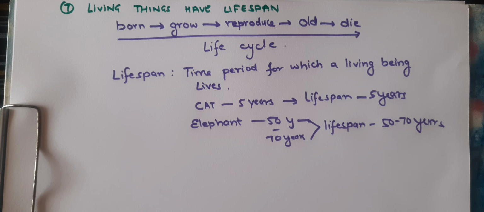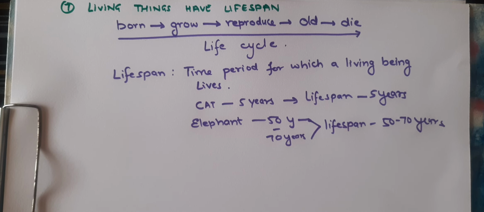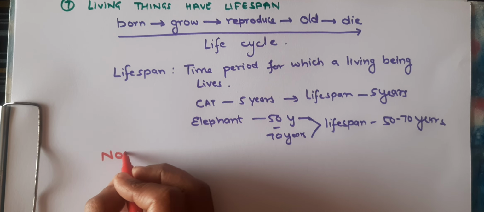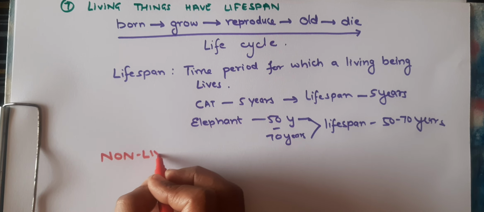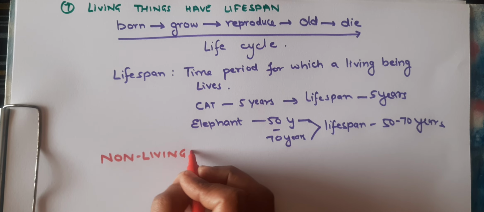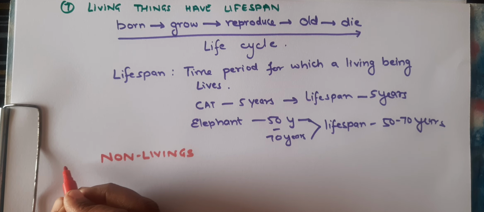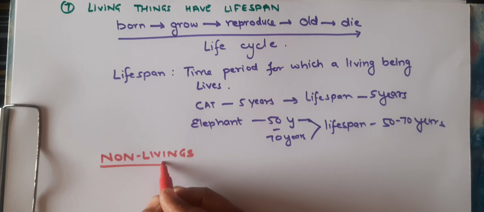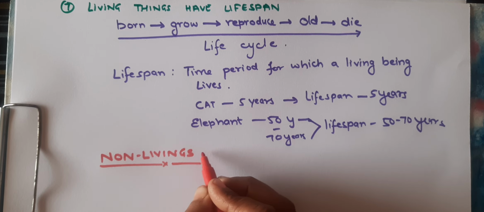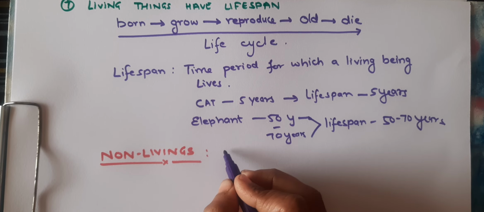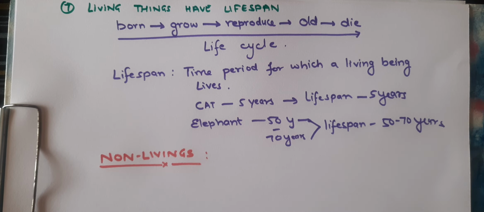So we have discussed all this about living things. Now we will quickly go through non-living things, because non-living things do not display these traits. Some of the things we see around us may once have had life.